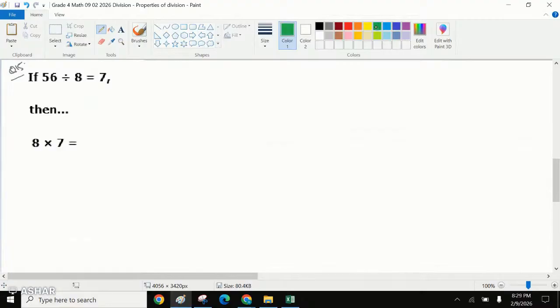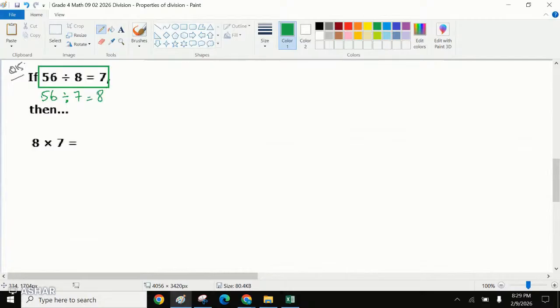Okay. When 56 was divided by 8, it was equal to 7, right? So we can say the other statement for division fact would be 56 divided by 7 would be equal to 8. Agreed?